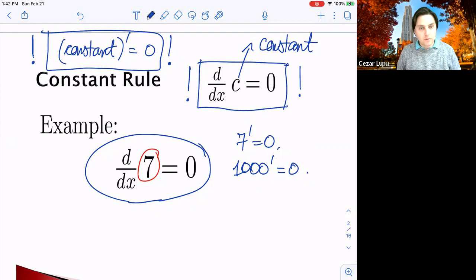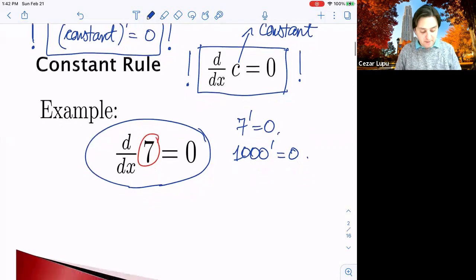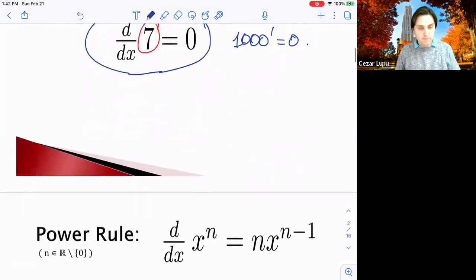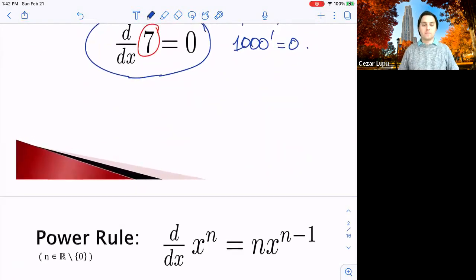But there are some other rules as well involving derivatives of functions, and there will be functions of the variable x this time involved. The first one that I have in mind is the power rule. As you can see there, I have the power function, which is x to the n, and I'm trying to find the derivative with respect to x.